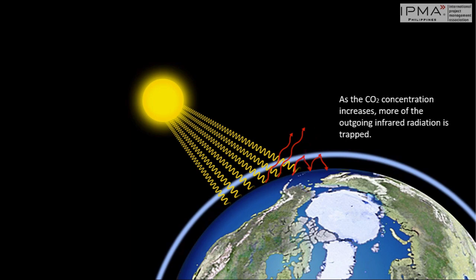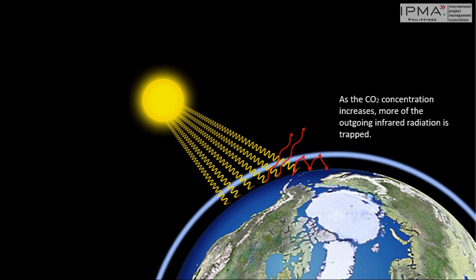But we as humans have introduced additional carbon dioxide in the atmosphere. Carbon dioxide per se is not bad at all. Without it, we will not have the right amount of temperature in our planet. No organism will survive without carbon dioxide in the atmosphere.